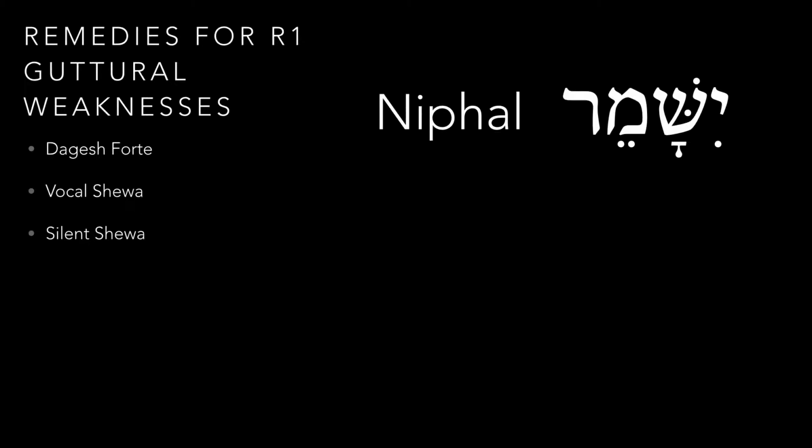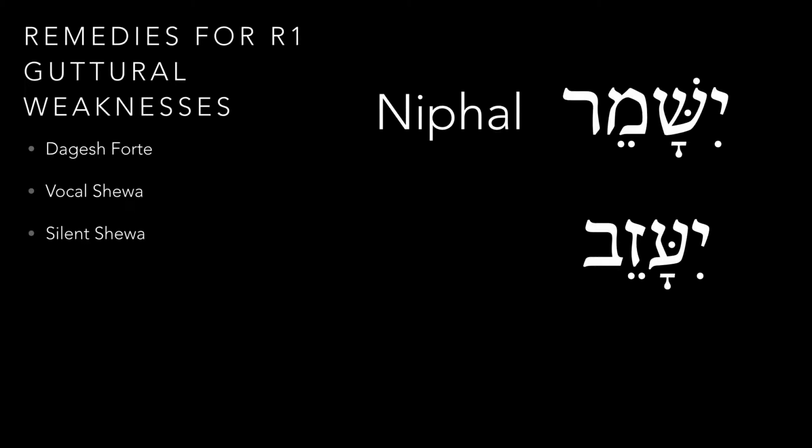So remedying these guttural weaknesses, let's look at the Dagesh forte first. Here's a normal strong verb, yishamer. This is our Nifal 3ms. And we have the guttural there in the R1 completely normal with a shin.